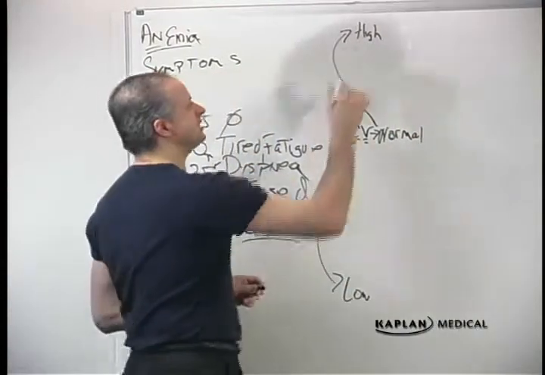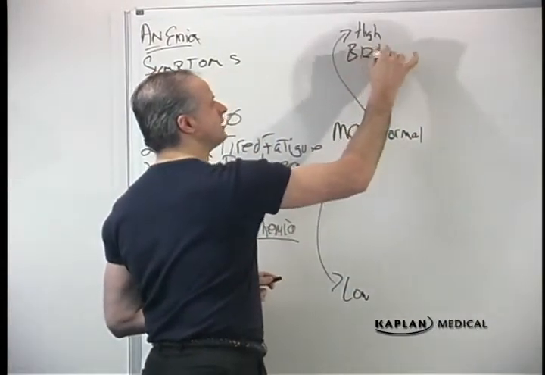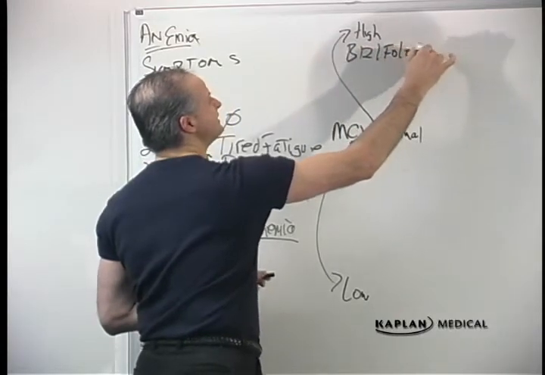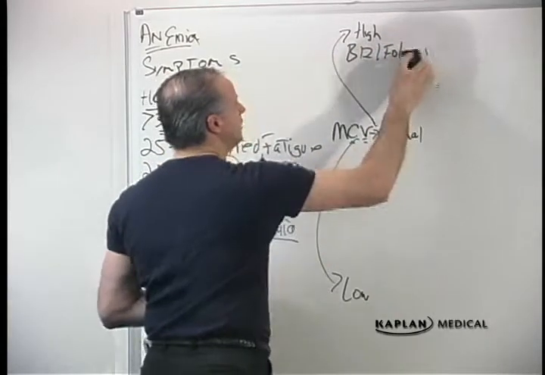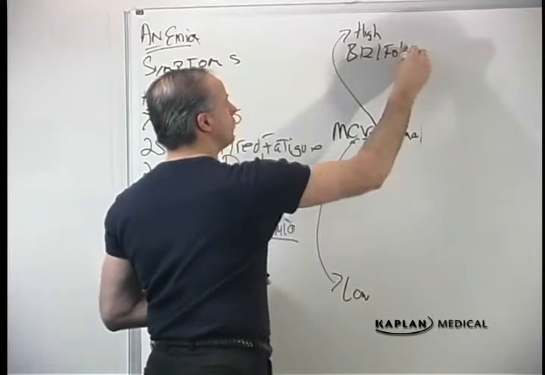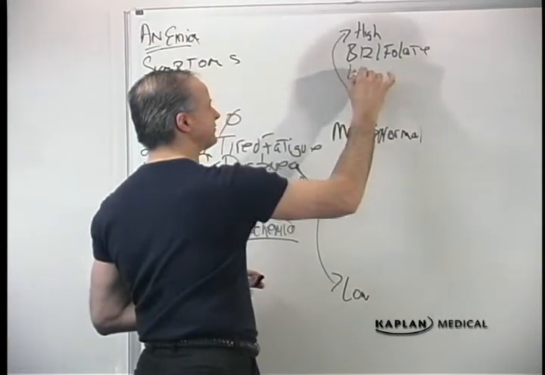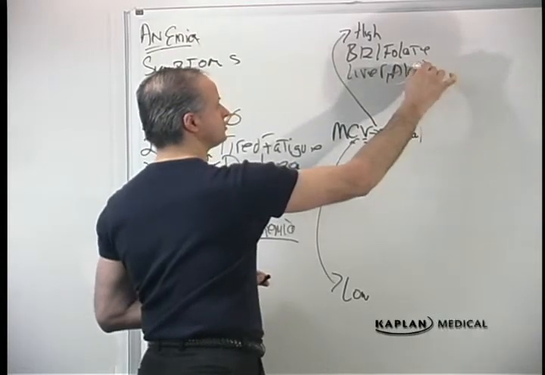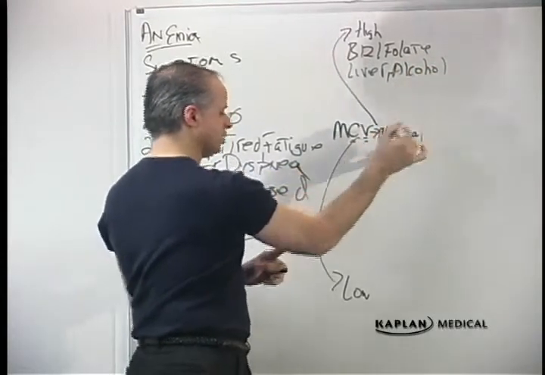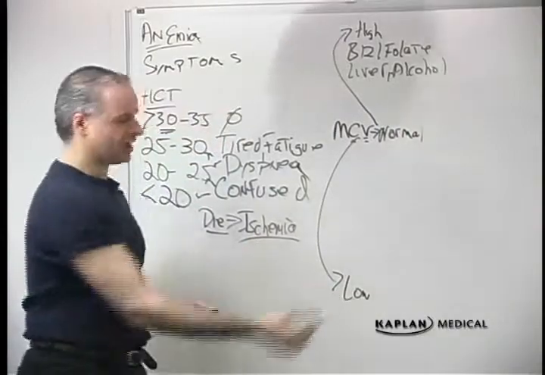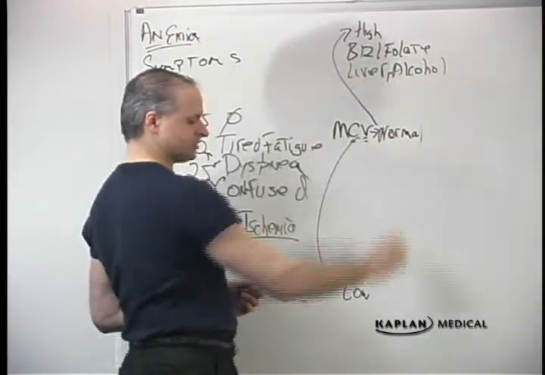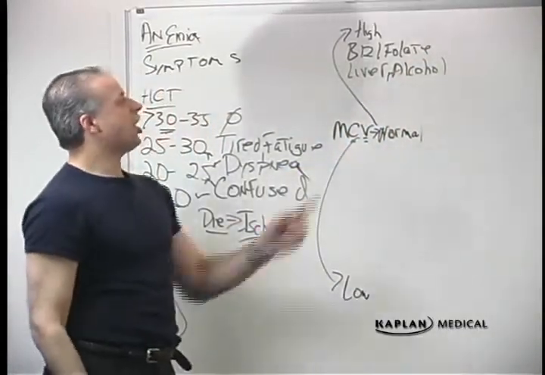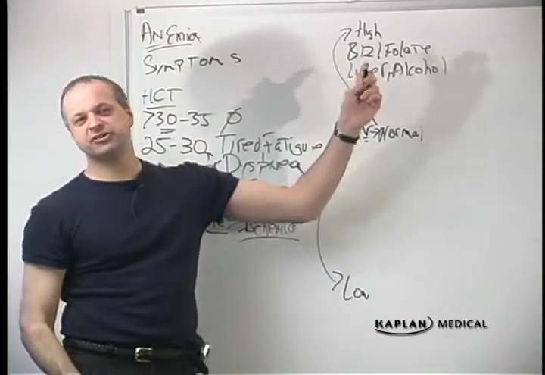High MCV anemias is B12 and folate deficiency. But in addition to B12 and folate deficiency, we also have things like liver disease and alcohol and various drugs that can cause you to have a macrocytic anemia. So there are various drugs that cause a macrocytosis that are not from B12 and folate.